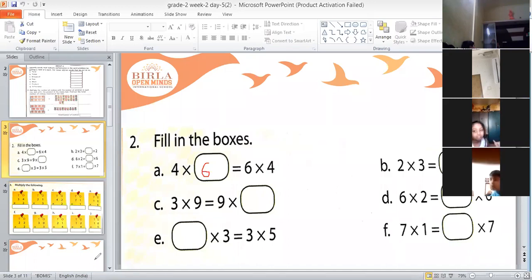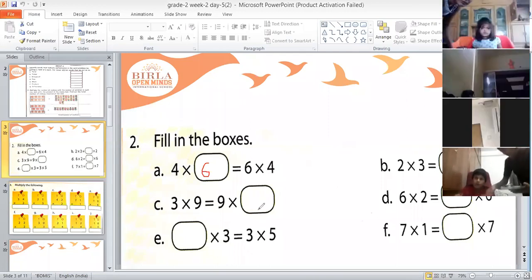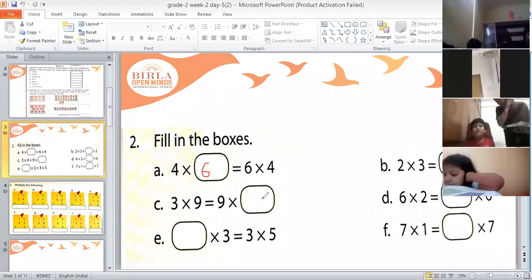Okay. Nityasri? Yes, ma'am. From third bit, which number is missing? This is 3 multiply 9 is equal to 9 multiply dash. Which number is missing? Nitya, look at the question carefully.